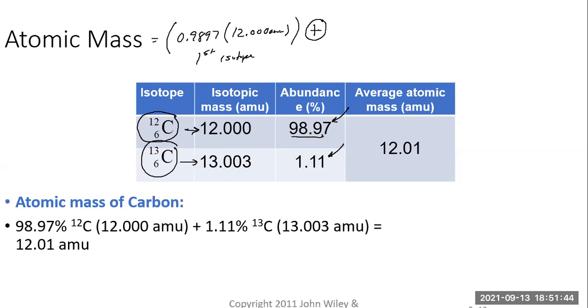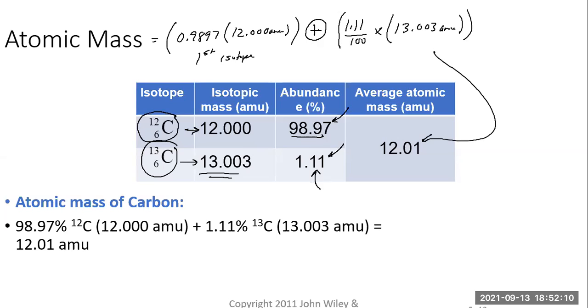They want to always multiply here, but you're actually going to be adding it to the percentage of our second isotope, which is 1.11%. We also need to convert that into a decimal, so you can either move the decimal point or divide it by 100. We would then times that by the mass of that isotope, which is 13.003 AMU.